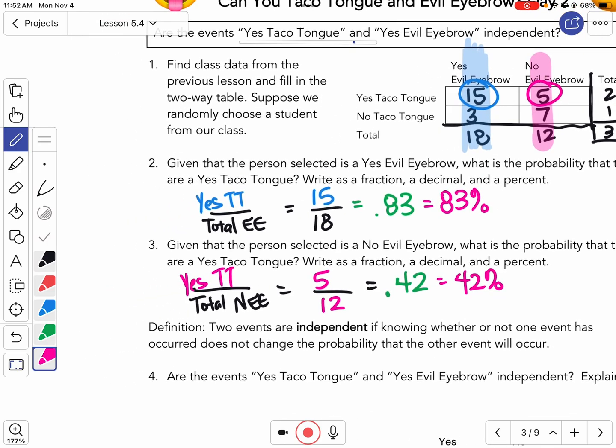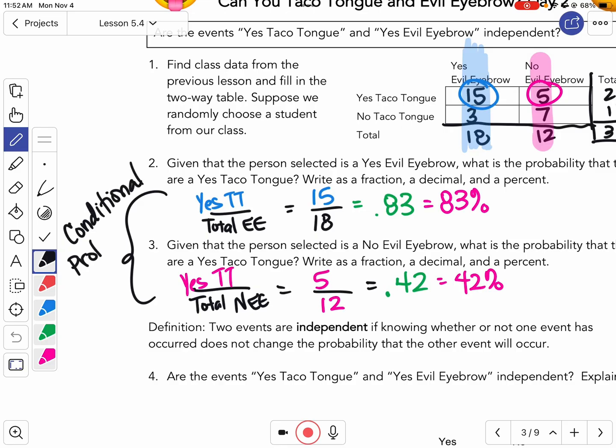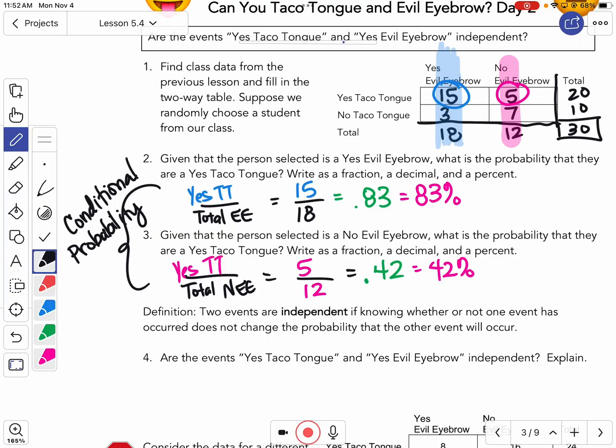Okay, and we did a little bit of that on Halloween. Conditional probability. And what conditional probability does is it changes the denominator. We no longer take the entire total number of students. We just take a smaller group of the total.